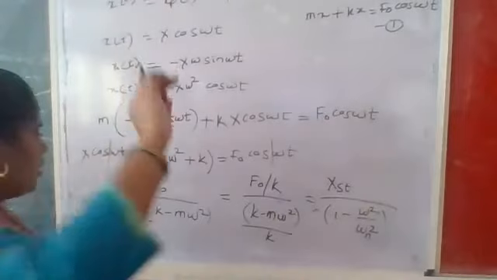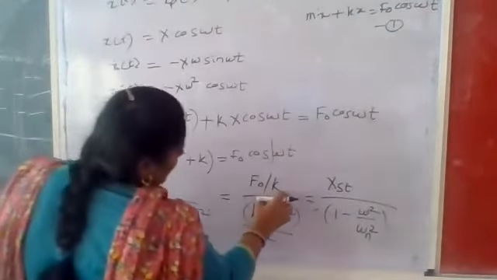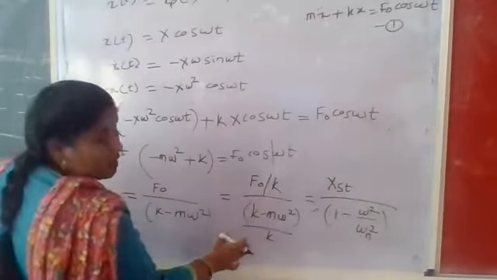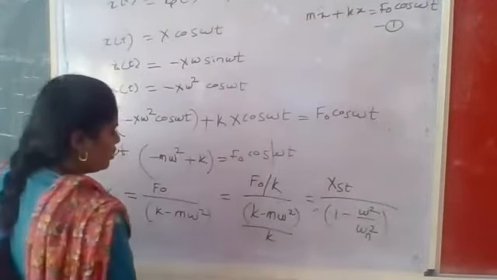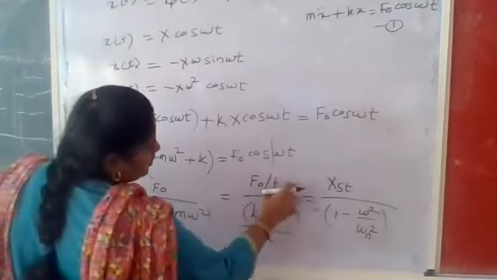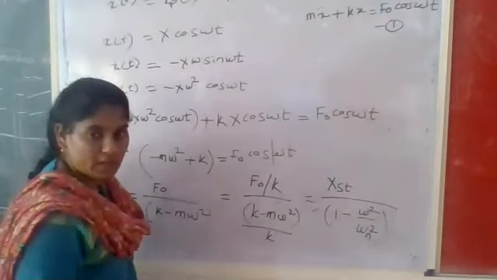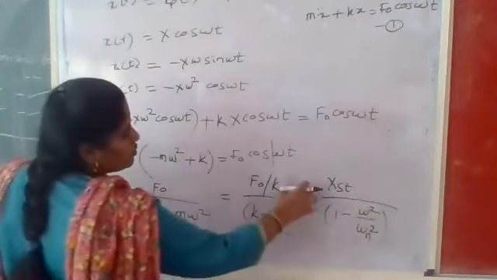I have divided by k on the numerator and the denominator on both sides, and since F naught is equal to k into x, x static will be produced.